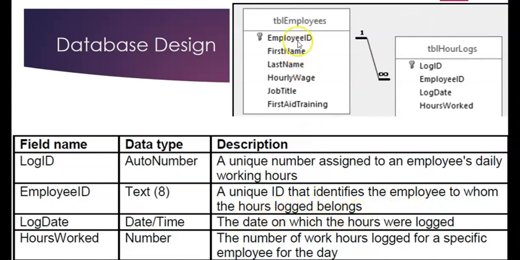As you can see in the relationship, that is how the tables were linked. One employee has many records indicating their hours logged. And here we have a log date field with a date time data type and hours worked as a number. And then important to keep in mind your relationship.